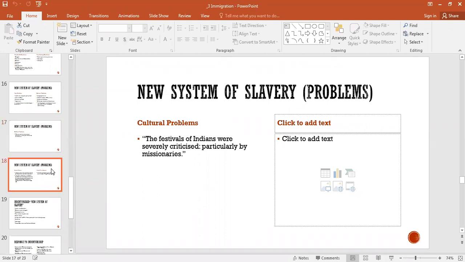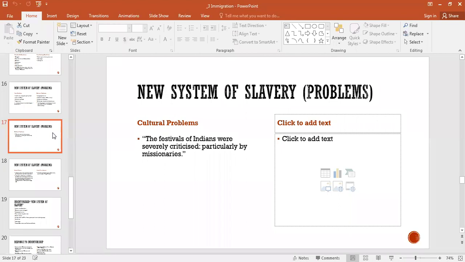And then remember that the Indians and the Chinese come in with their own celebrations and festivals. So the Chinese are going to have their Chinese New Year, the Indians are going to have Diwali, Phagwa, right? The Muslims are going to have their holidays.